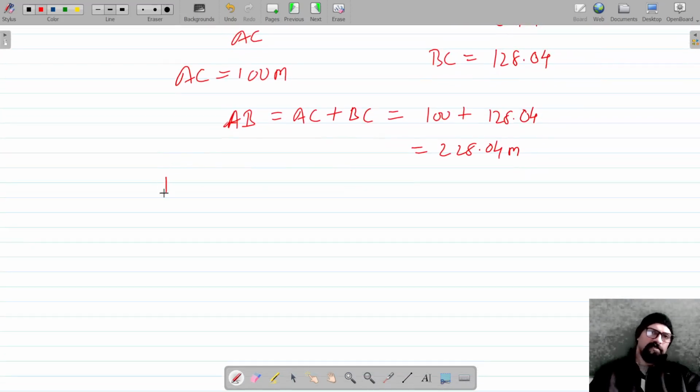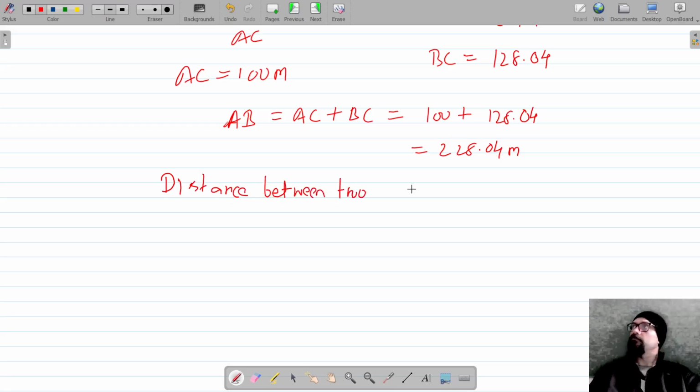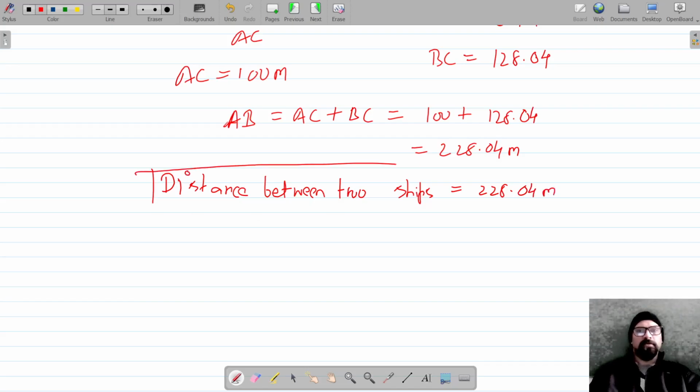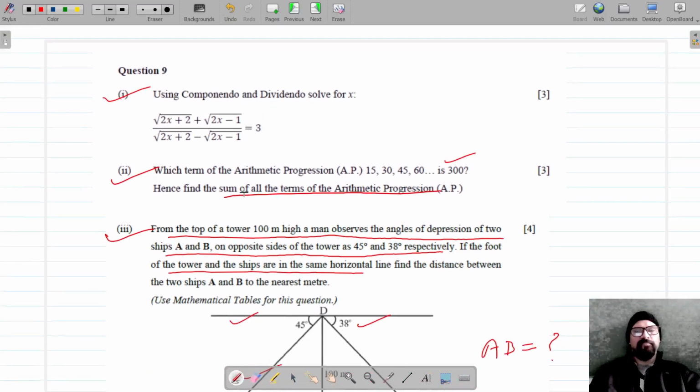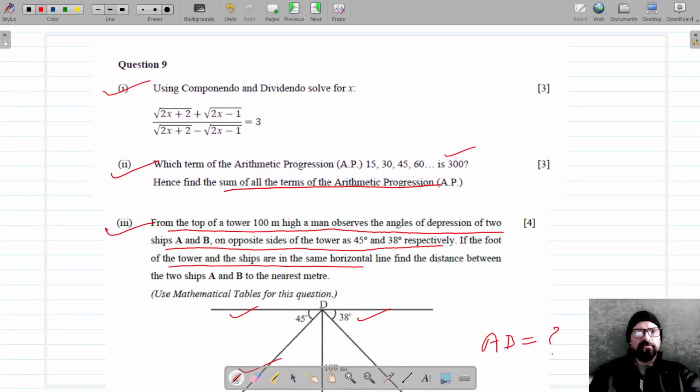So we can write the distance between two ships is equal to 228.04 meters. This is the distance between two ships, and with this, we are finished with this set. That is question number 9.